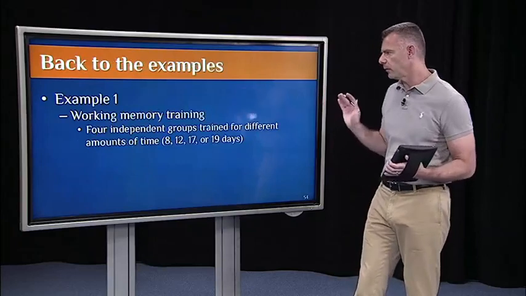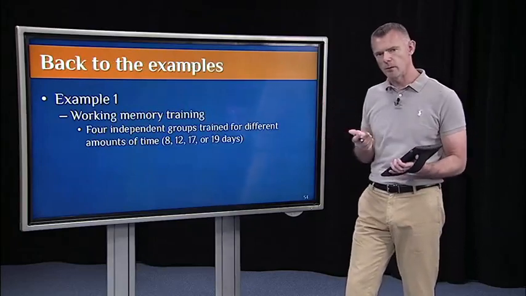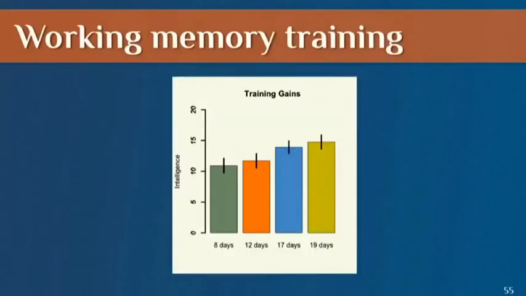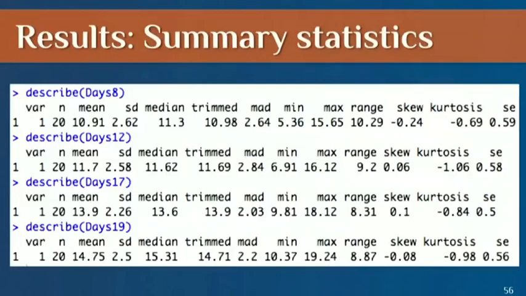So let's get back to the example, working memory training. Remember, we had 4 different groups who trained for different amounts of time, and what we're looking at is their IQ gain. Here again is the graph, and what I'm going to present to you is our output for all these pairwise comparisons done as independent t-tests. Before I do that, here's the summary statistics. This just shows you the means are going up as a function of training.